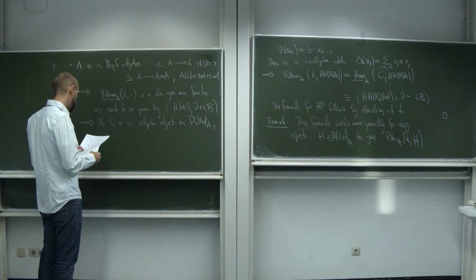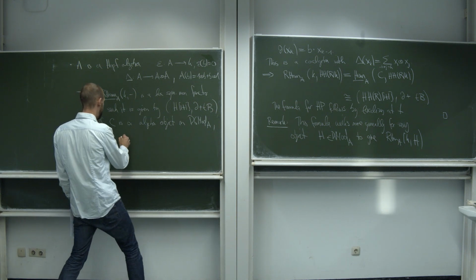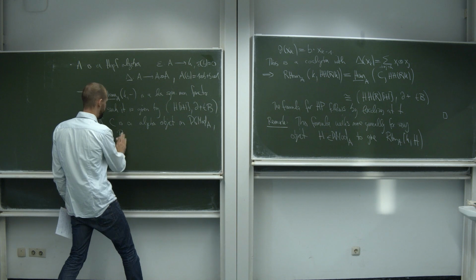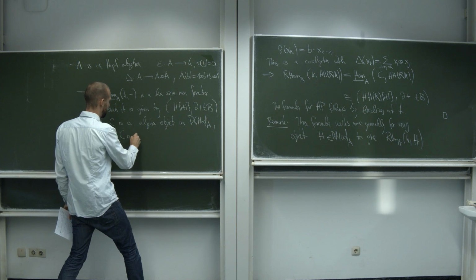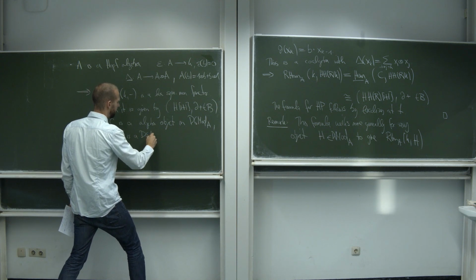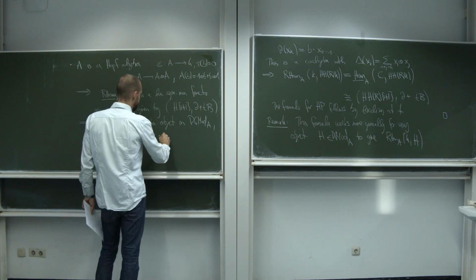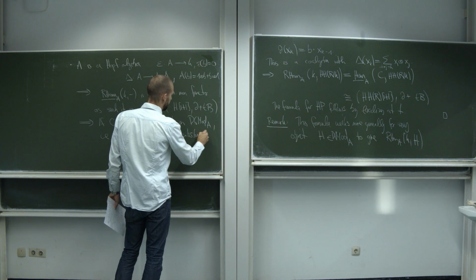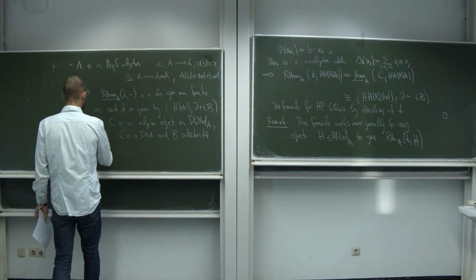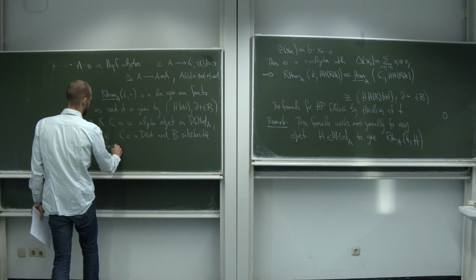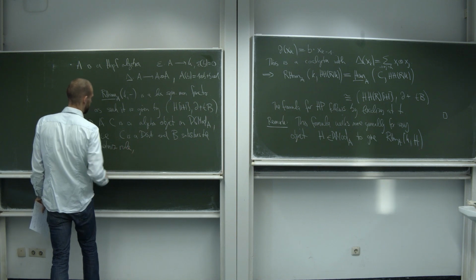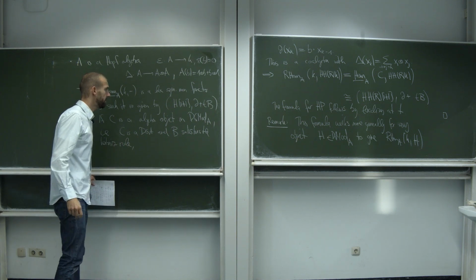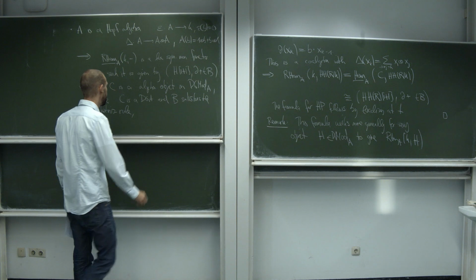Then that means that C is a DG algebra, DGA, and B satisfies the Leibniz rule. So then, what does the lax symmetric monoidal structure buy us?